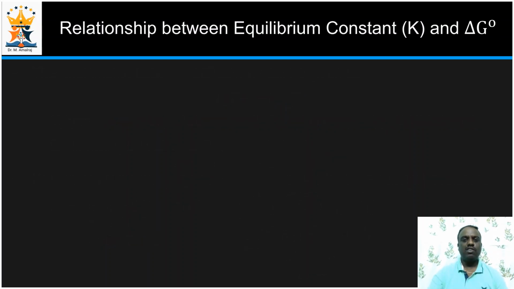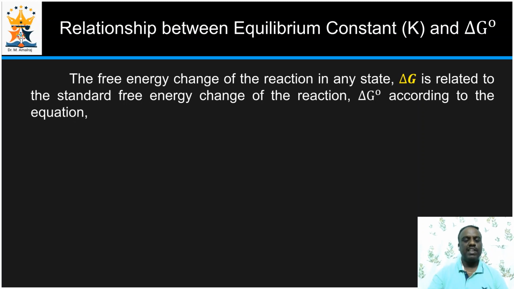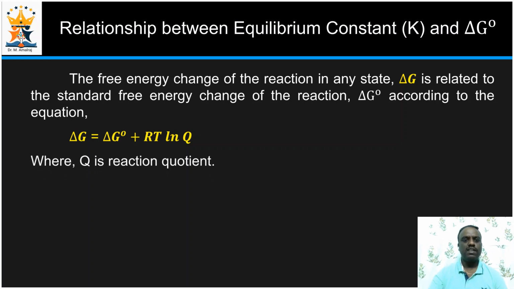So using electrochemistry, we can calculate the equilibrium constant also. First, let us derive the relationship between the equilibrium constant and delta G naught. The relationship between delta G and delta G naught is given by delta G is equal to delta G naught plus RT ln Q, where Q is known as the reaction quotient.